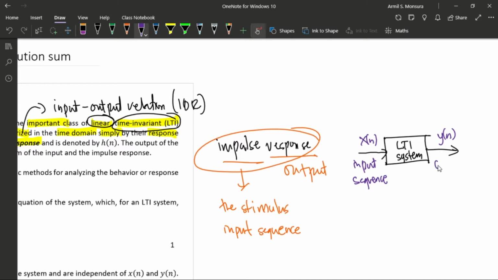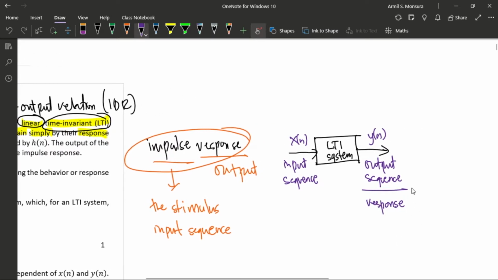We call that the output sequence, or essentially the system response. So those are what we call our outputs. When we say impulse response, it means it is the output.